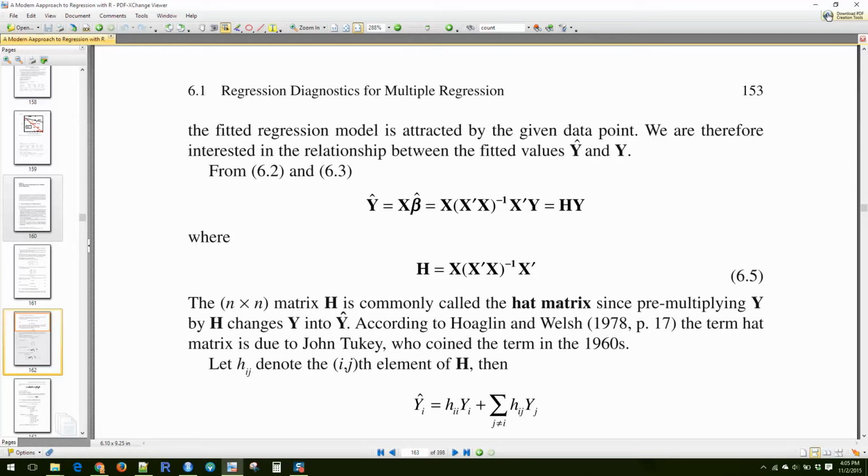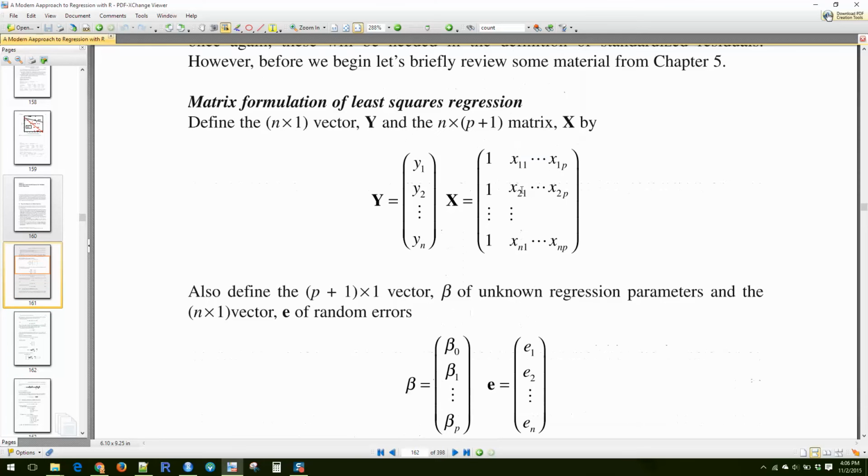Okay? You just have to now generalize this into the multivariate setting. Keep in mind your X is now not just one predictor. Before it was just these first two columns, now you have p columns, okay?